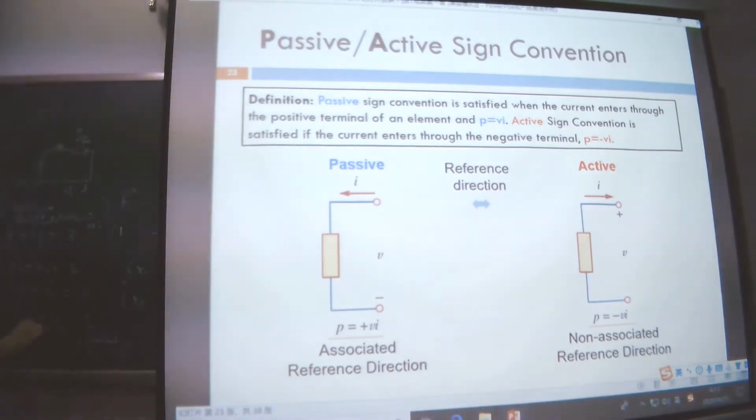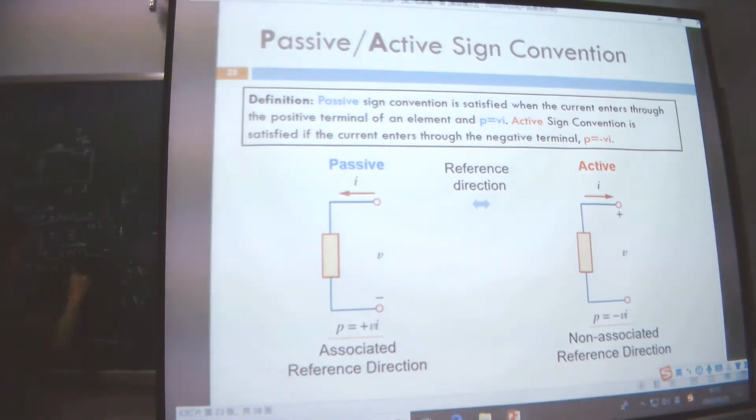Besides this one, we also have inductance, right? So for inductance, the reference direction of current or voltage is still like this. We also select the reference direction of the inductor like this, going inside from the positive to the negative.